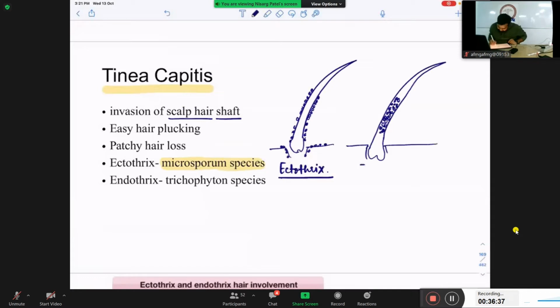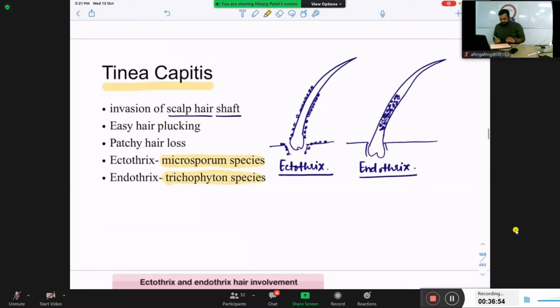This infection is an endothrix infection. And because it is an aggressive disease, you can remember the species. It is from the Trichophyton species. So remember like this: ectothrix infection, Microsporum species; endothrix infection, Trichophyton species.